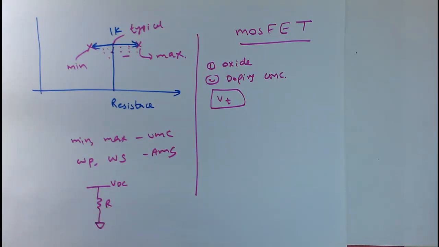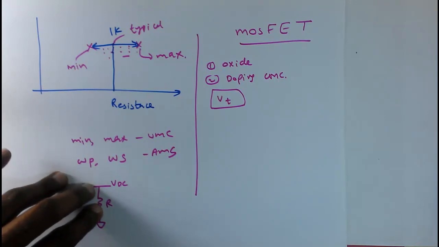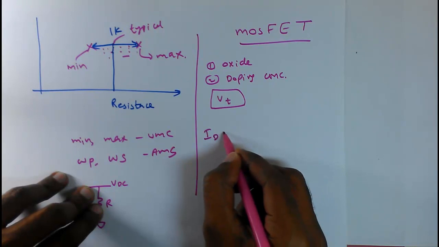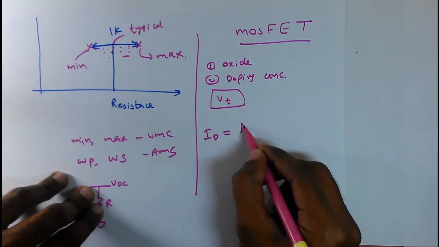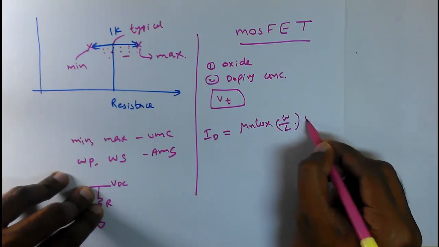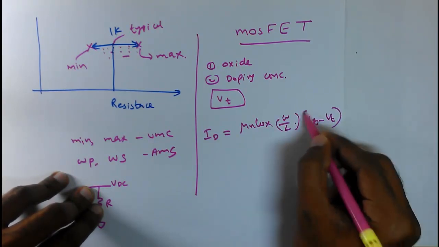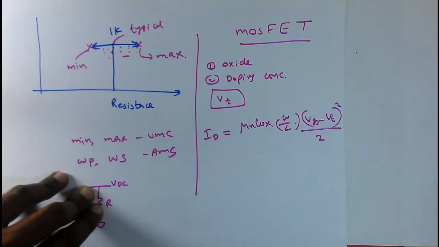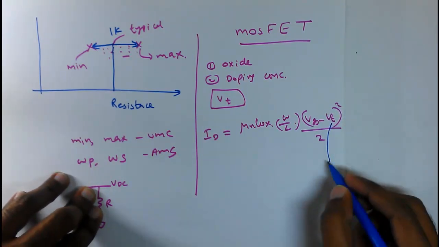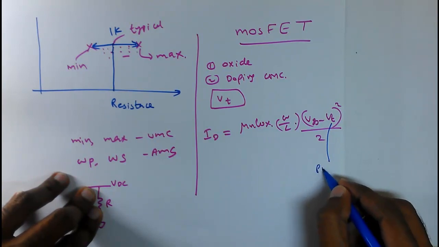This VT will vary. We will see all these things in the simulation, and we know the current equation for a MOSFET in saturation is μ COX W by L into (VGS minus VT) whole square by 2. In this equation, the VT will depend on the process.